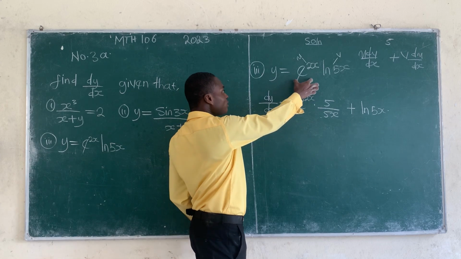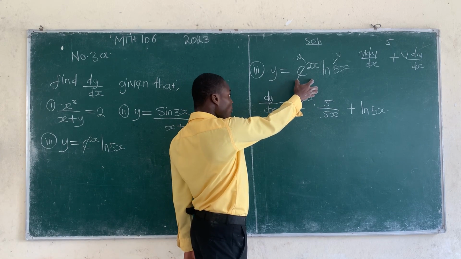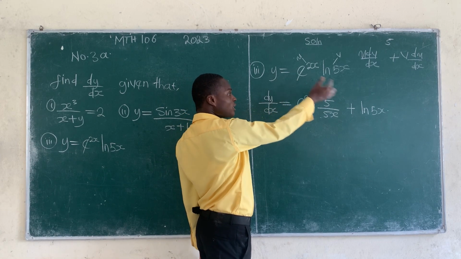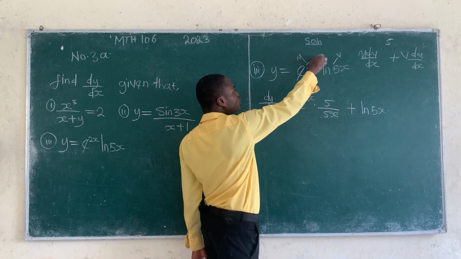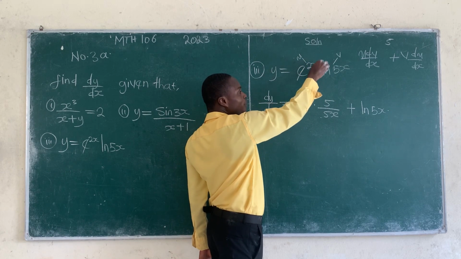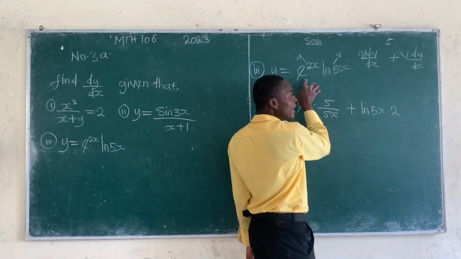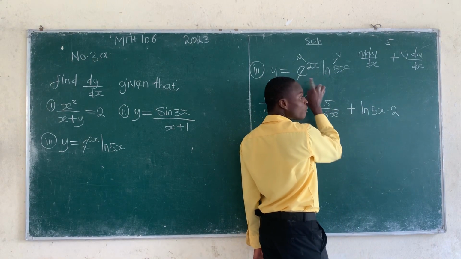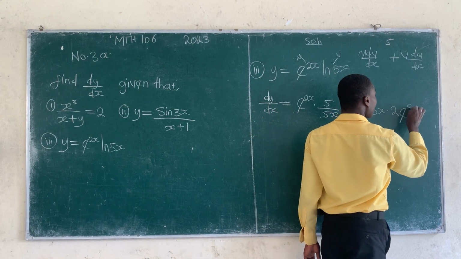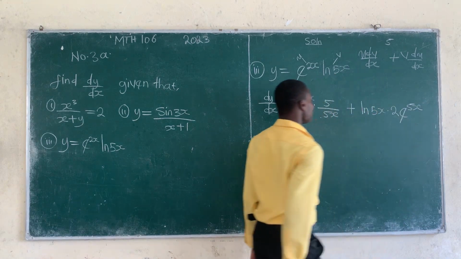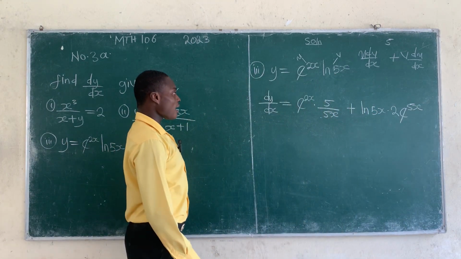To differentiate an exponential function, first differentiate the power. If you differentiate the power, you have 2. So you write down the 2 and then multiply it by the entire function. So that is what we have.